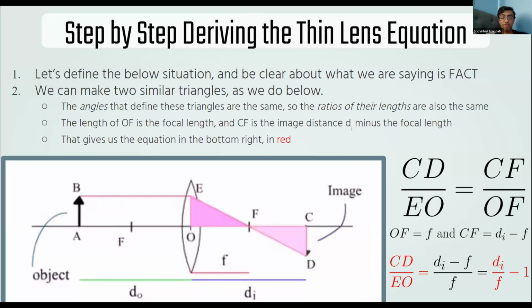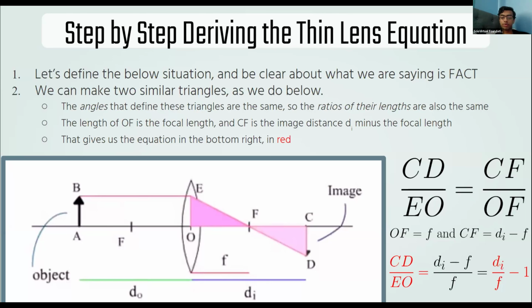We know the length OF is equal to the focal length f, and we know the length CF is equal to the image distance di minus f. That's because we defined those things earlier, and those lengths happen to line up with that. So CD over EO is equal to di minus f over f, which equals di over f minus 1. This is our first equation, the red equation.